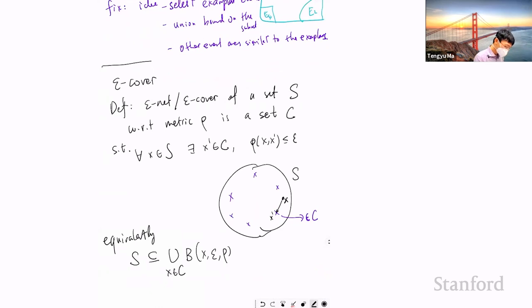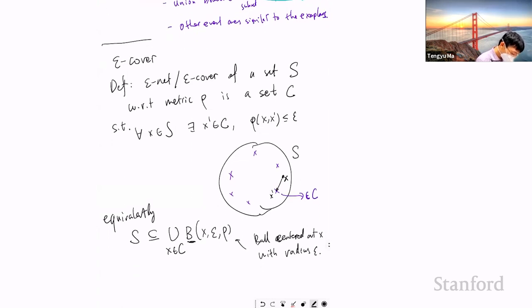First of all, this is the ball centered at X with radius epsilon and distance metric rho.